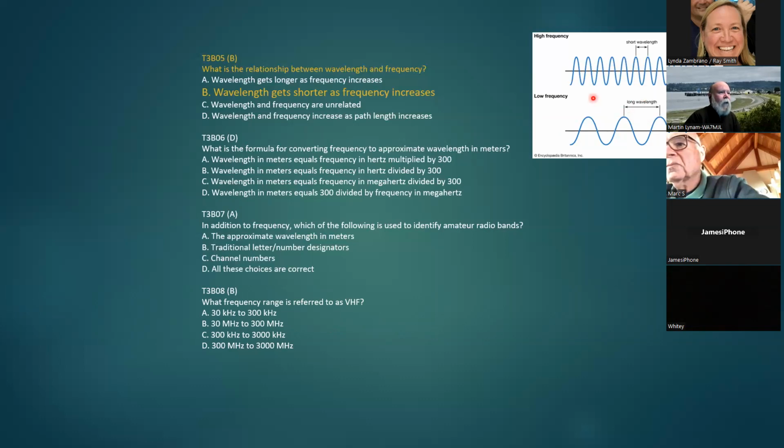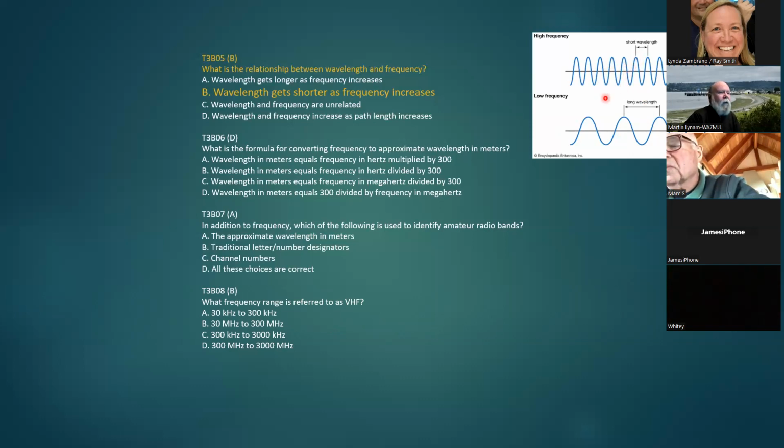For the VHF radios that you're commonly going to use, the distance between these peaks is about 2 meters, about 6.5 feet.